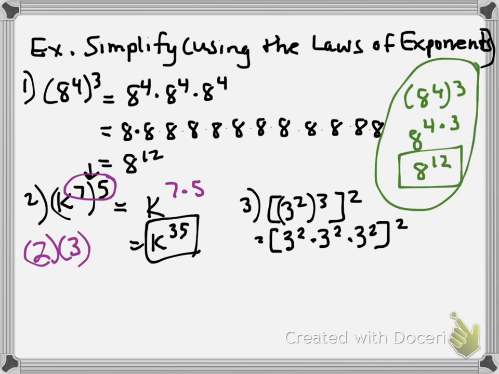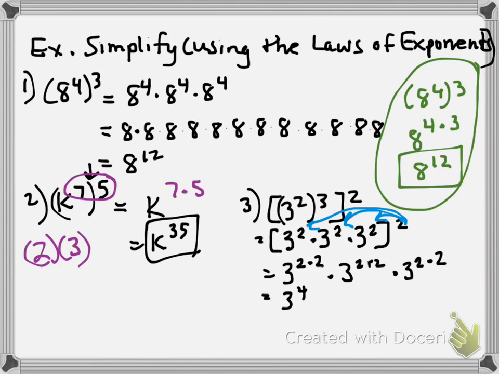Then squaring that means I can distribute that square. So that's going to give me 3 to the 2 times 2, times 3 to the 2 times 2, and then times 3 to the 2 times 2 power. That gives me 3 to the 4th power times 3 to the 4th power times 3 to the 4th power.